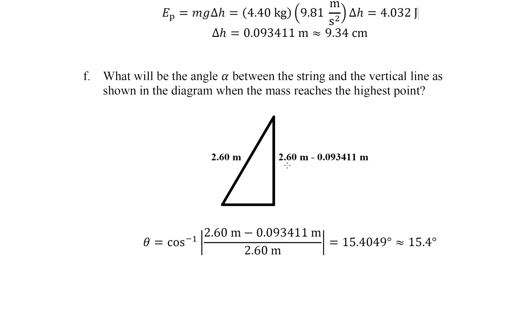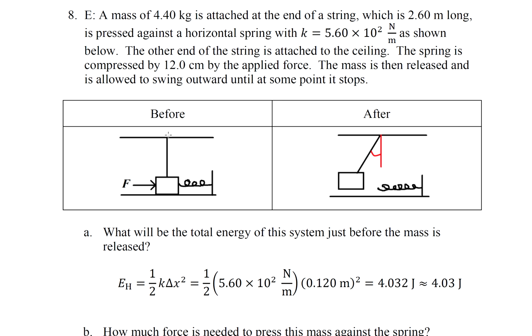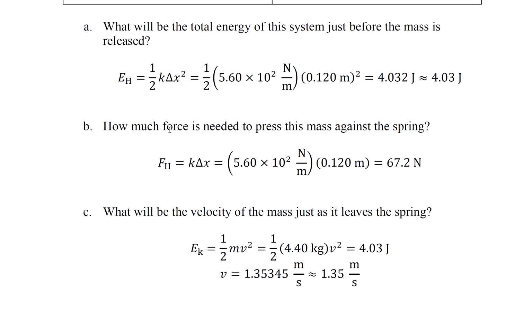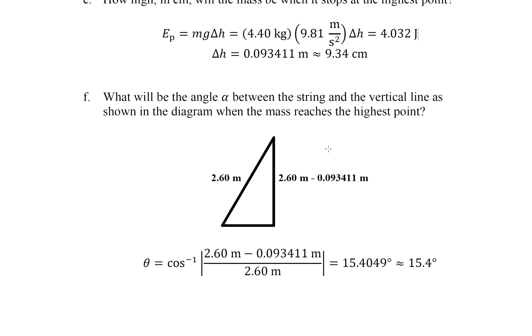We're going to use this triangle here. 2.6 meters is the length of the string. So when it goes up, the hypotenuse is 2.6 meters. And this vertical leg is going to be 2.6 minus what we learned in part E. And we could use trigonometry to solve for theta.